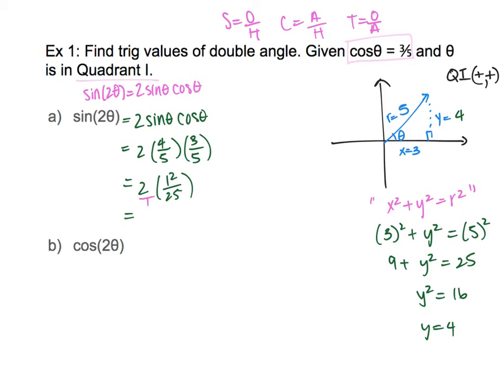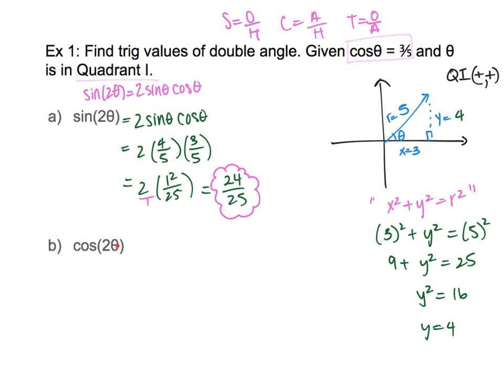And if you multiply, that's 24 over 25. Let me erase this part. It looks like I can't simplify anymore, so this is my final answer. Looks like the double angle of sine of this specific triangle is 24 over 25.